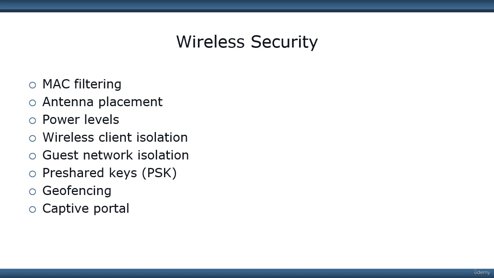Now we can control whether you have the ability to access all network resources or just certain network resources. And at the very least, if we're doing wireless for guests, we should have guest network isolation so that they are unable to access corporate resources when they're connected to the wireless network. In that sense, the wireless network is really just there to provide them with connectivity to the internet.